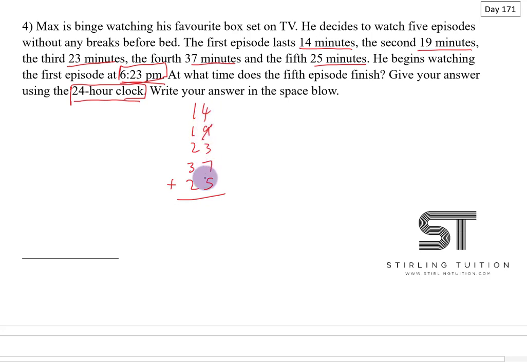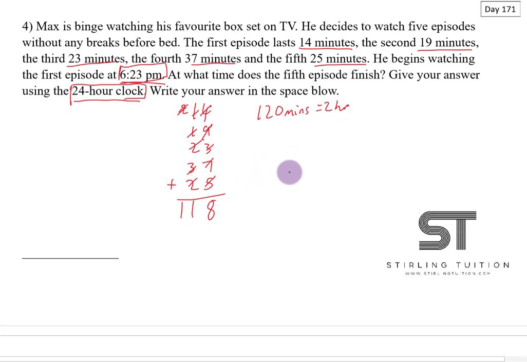I'm going to go 9, and then 5 and 4 is 9, so that'll be 18. And then 7 and 3 is 10, so that'll be 28. And then start from the bottom, we'll have 2, 5, 6, 7, 8, 9, 10, 11. So it's 118 minutes.